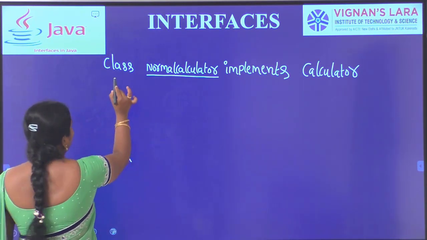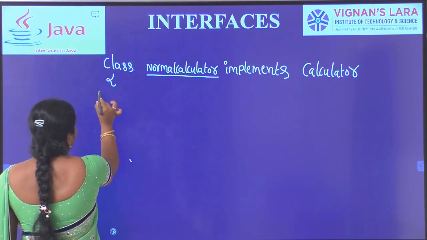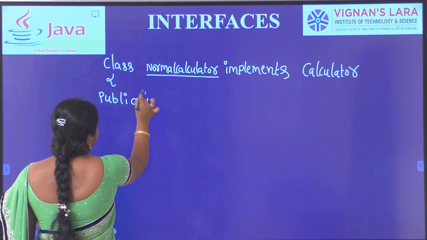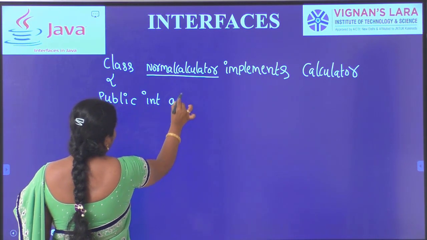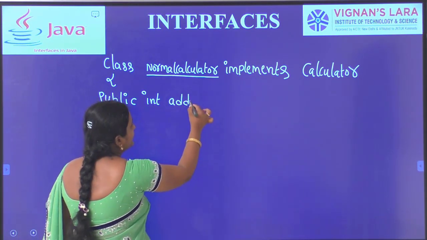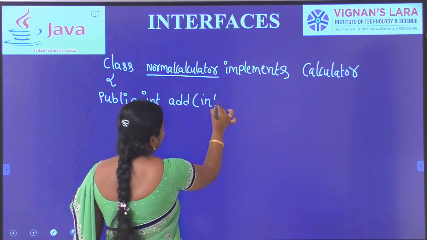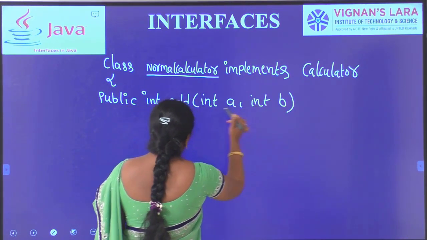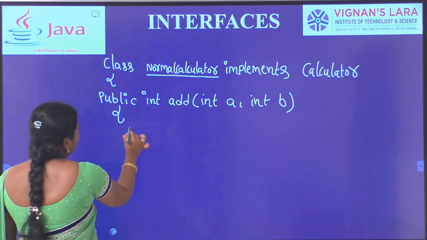So what is the first method? Public int add. What are the arguments of this add method? int a, int b. What is the body of this method?